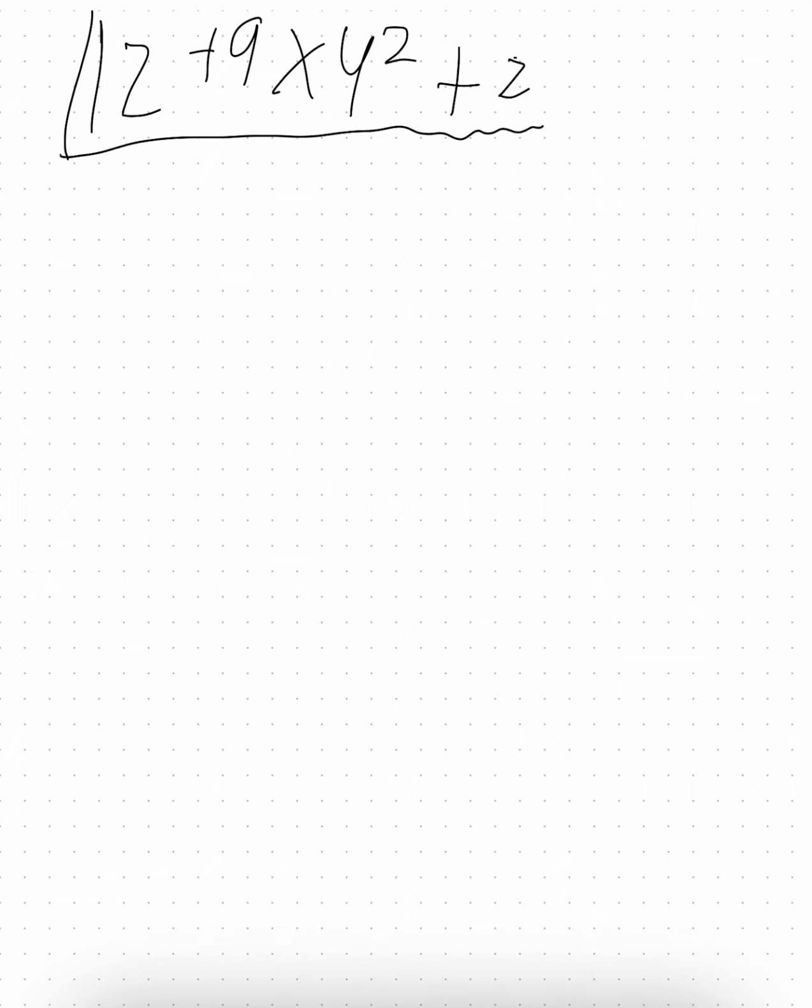Now, let's put some more problems on the board here for you guys to work with. We'll label that 1. So this is the first problem: 12 plus 9 times 4 to the second power plus 2.